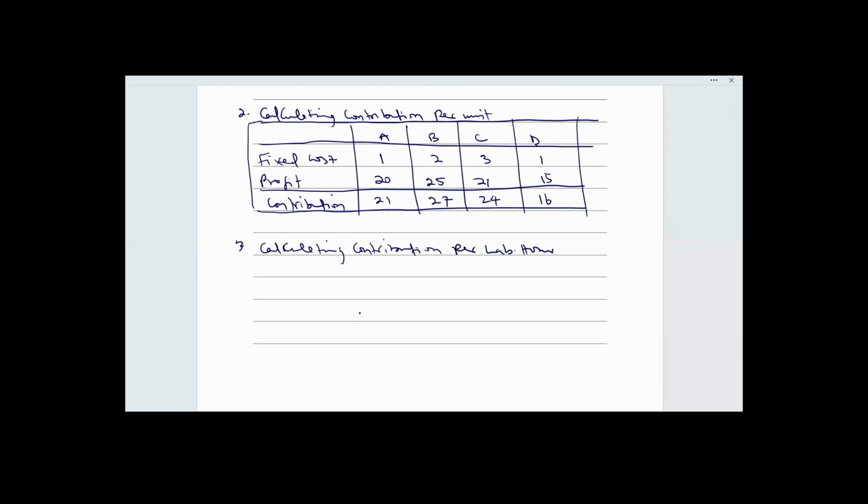I will combine everything together and then ranking. Okay, so our products A, B, C, then D. I hope this table will contain it.